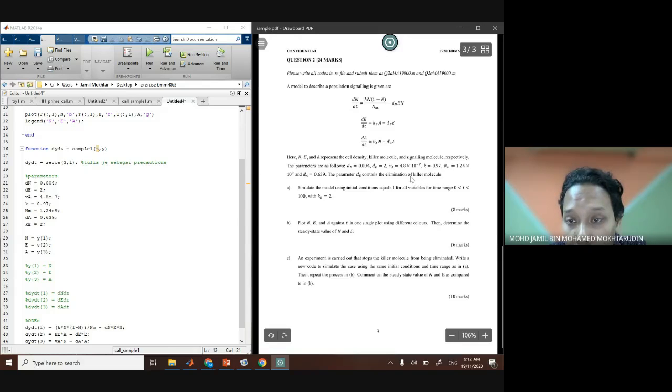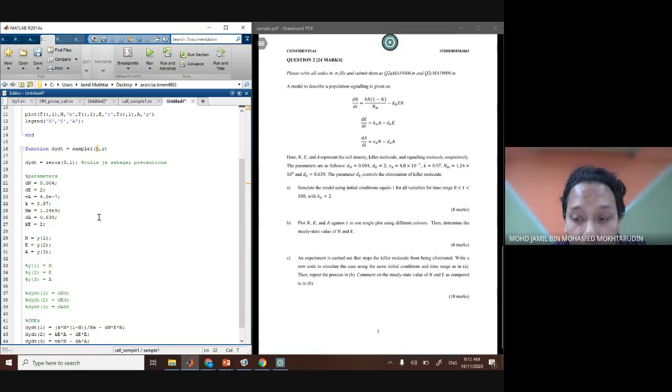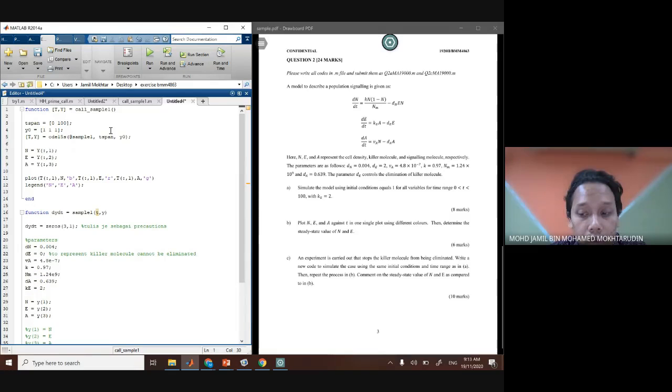So kalau killer molecule ni tak boleh dihapuskan, meaning that we assume DE equals 0, okay. So adjust je dalam code ni, letak DE equals 0. So DE equals 0 to represent killer molecule cannot be eliminated. Dan tukar semua nama.